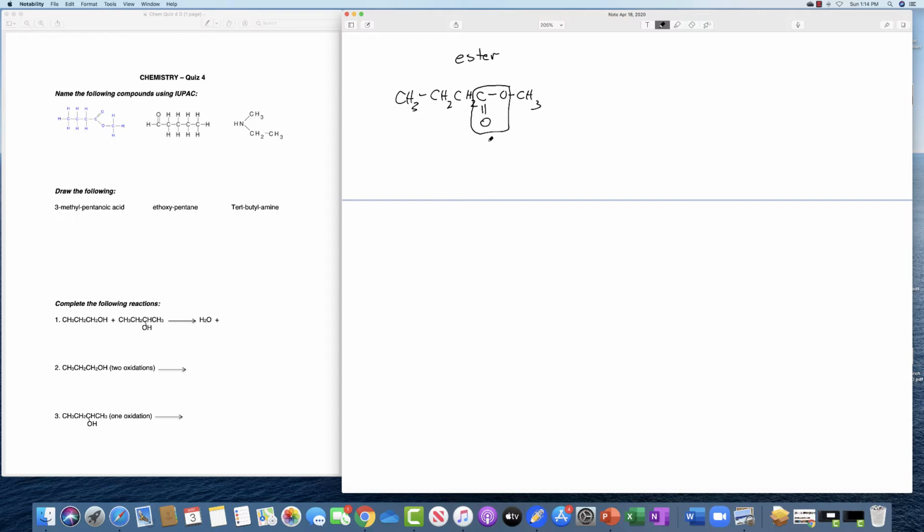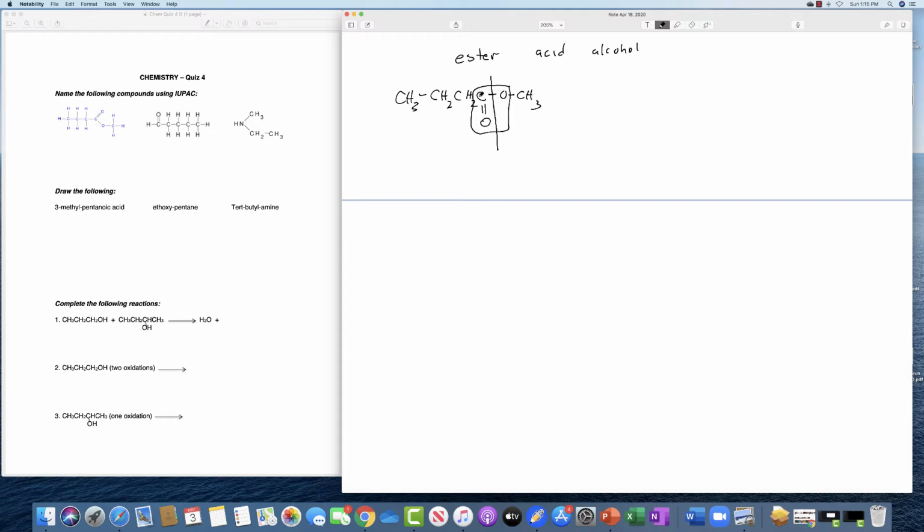And you remember that an ester is a combination of an acid and an alcohol, which is an organic acid plus an organic base or an alcohol. And the division point between the two, the acid and the alcohol, when they come together, is right here.